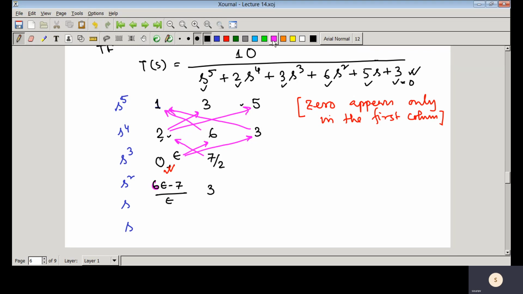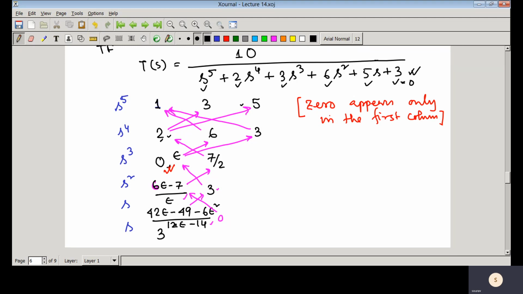Again, following the same rule, multiplying this with that and dividing by this one, you would have (42 epsilon minus 49 minus 6 epsilon square) divided by (12 epsilon minus 14). And now multiplying with this one, and here you have 0, divided by this term, so you have only 3.